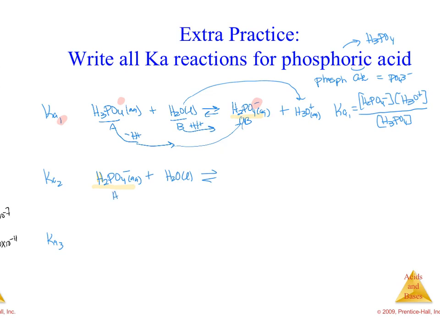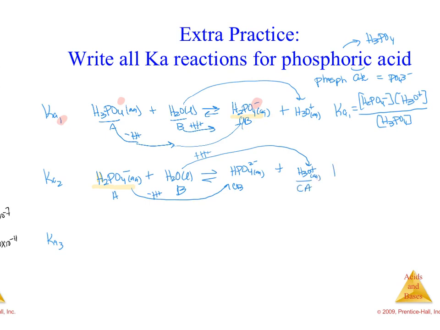The acid loses a proton, so I form HPO4 2 minus. Water is my base. Bases gain a proton, so it makes H3O plus, which is the conjugate acid.